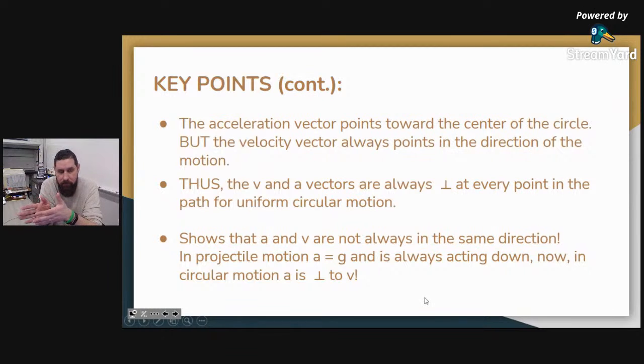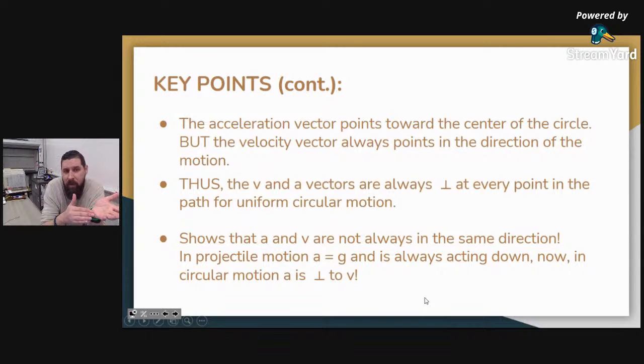So again, we've got to get out of this mindset that velocity and acceleration are always in the same direction. And I know some of you are thinking, wait a minute, earlier in the video, he said that delta V and acceleration always point in the same direction. Yeah, they do, because that is the change in velocity. It's the vector sum of the two individual velocities.